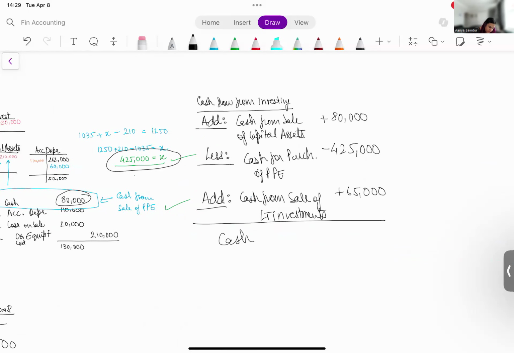So cash flow from investing is minus 425 plus 80,000 plus 65,000. Gives us 280,000. So it's a minus 280,000.